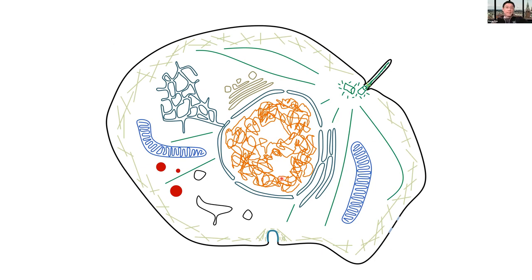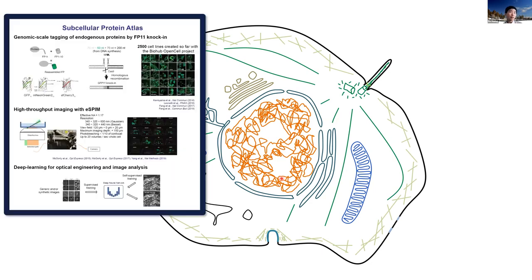In terms of the research projects going on in the lab, one of the things is we really want to have a comprehensive map of the cell. So this is the Subcellular Atlas project going on in the lab, working on the labeling, imaging, and analysis aspects.